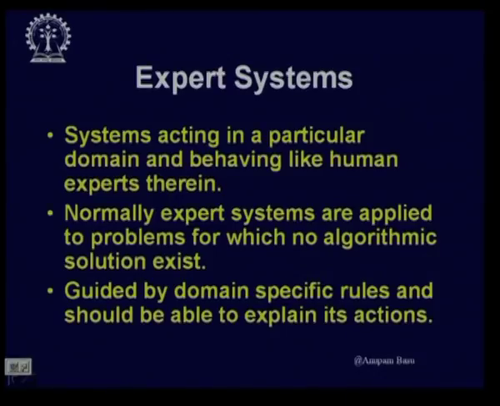So, expert systems are applied to problems for which no algorithmic solutions exist, and an expert system when we design it cannot be an all purpose expert, a panacea. It cannot even match the expertise of a human expert who can be a very good automobile diagnostic person, and at the same time he can talk of, might be, drama or something.